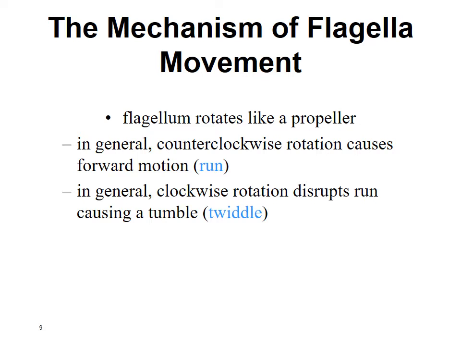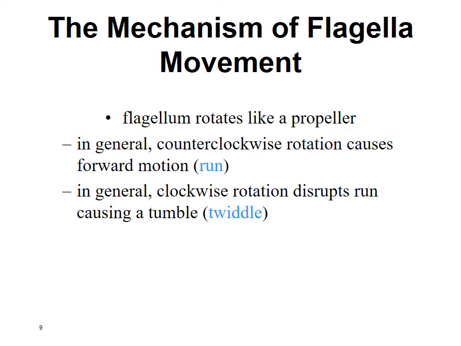Many of the motile prokaryotes move by use of flagella, singular flagellum. These are thread-like locomotor appendages which extend outward from the plasma membrane and cell wall. They can actually rotate very rapidly, just like the propellers on a boat.